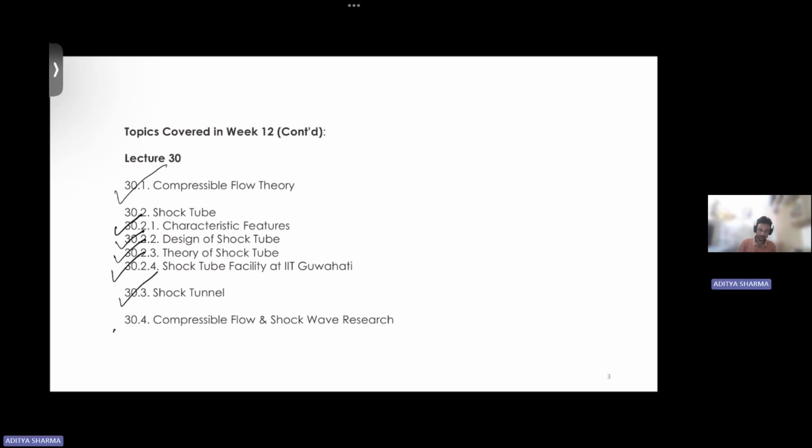The last heading is compressible flow and shock wave research: various research that is being done by researchers using these shock waves in different scenarios.